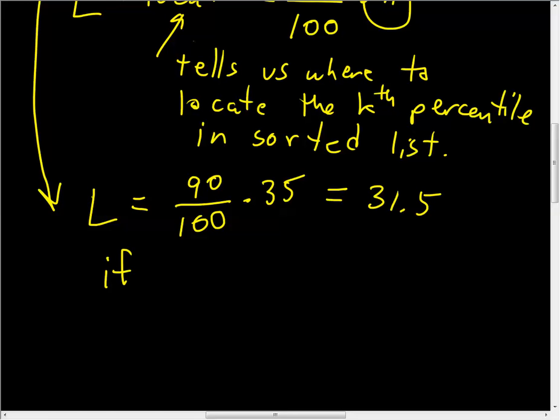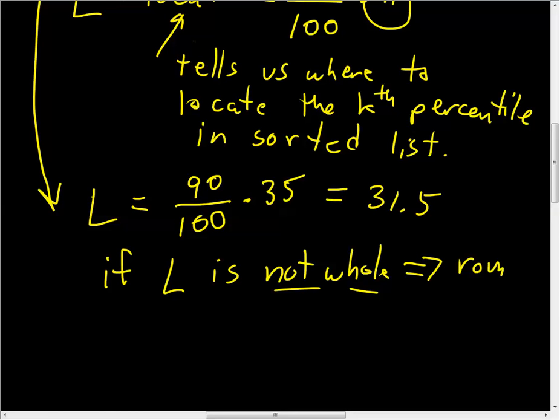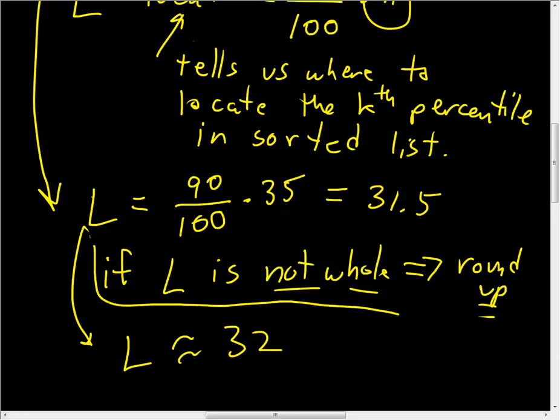If L is not whole, as it is here, 31.5 is certainly not a whole number, we must round it up to the nearest integer. So according to this rule, if L is not whole, round up. I'm going to call L 32.